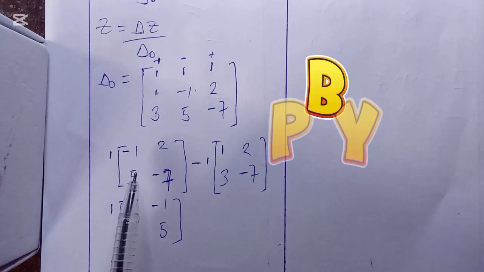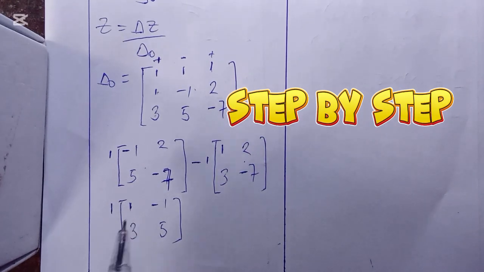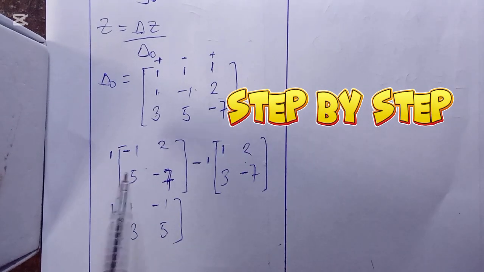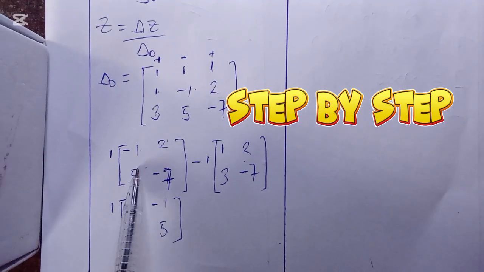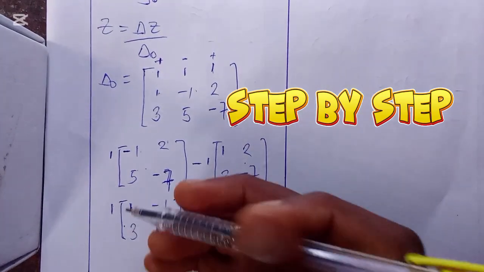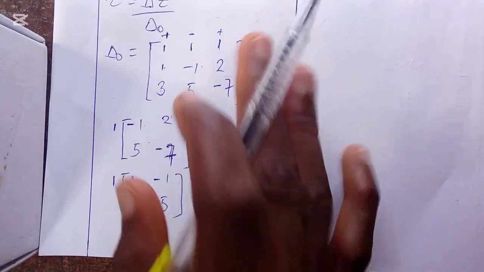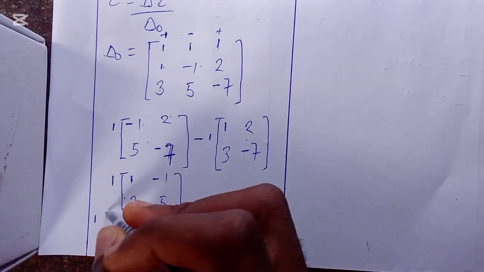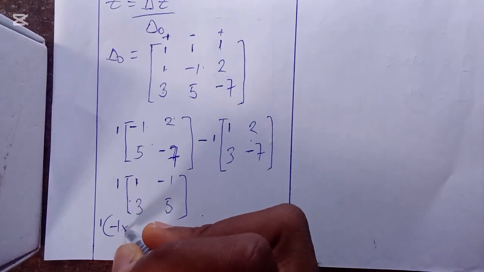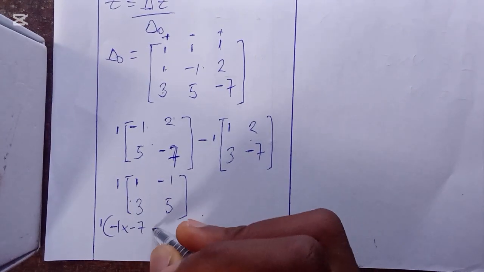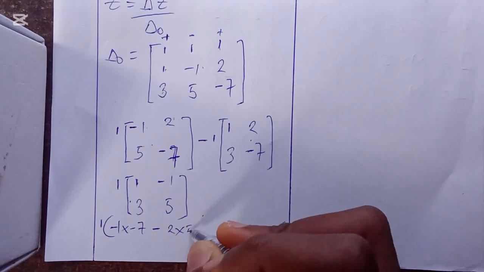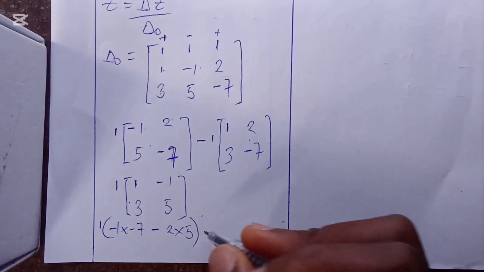We need to find the determinants of these individual 2 by 2 matrices. To do that, you cross multiply and you subtract, meaning this times this minus this times this. So let's do it. We have 1 open bracket, minus 1 times minus 7 minus 2 times 5. We're done with this one.